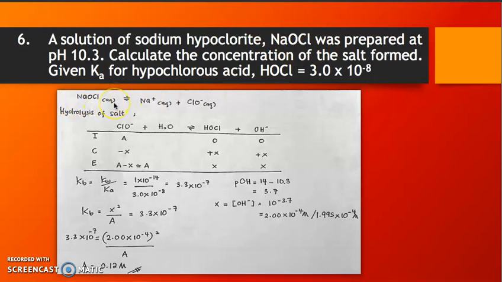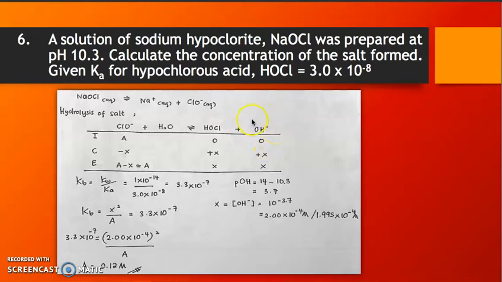chemical equation for the sodium hypochlorite, and this is the sodium ion and hypochlorite ion. This is the hydrolysis of salt, and the hypochlorite ion here reacts with the water and produces hypochlorous acid and hydroxide ion.